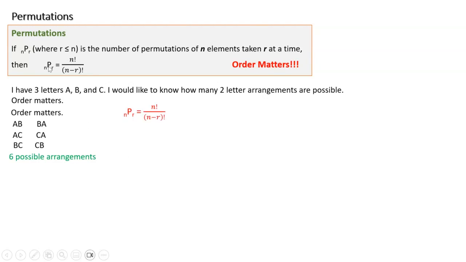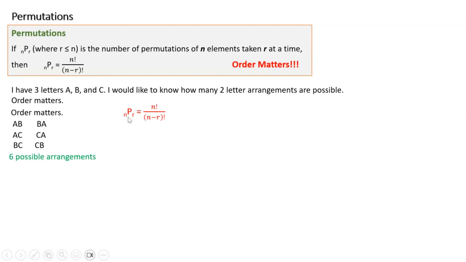Now, how can we do it by using the formula? The n means the total number, and the r means how many we're taking at a time, which in this case is 2. So my n is 3, which is the total, and r is 2.